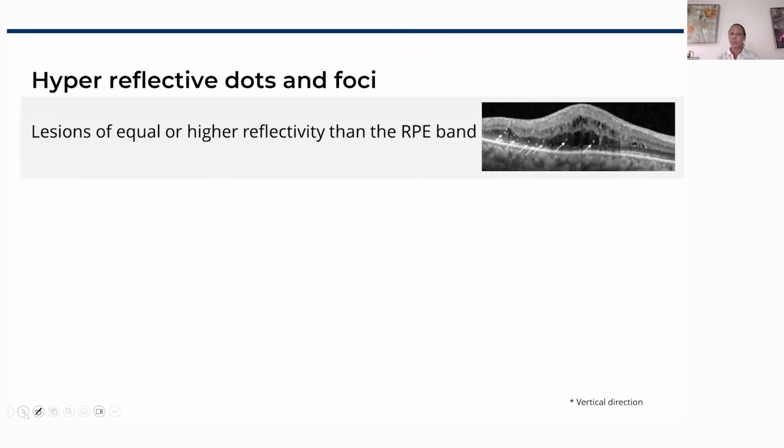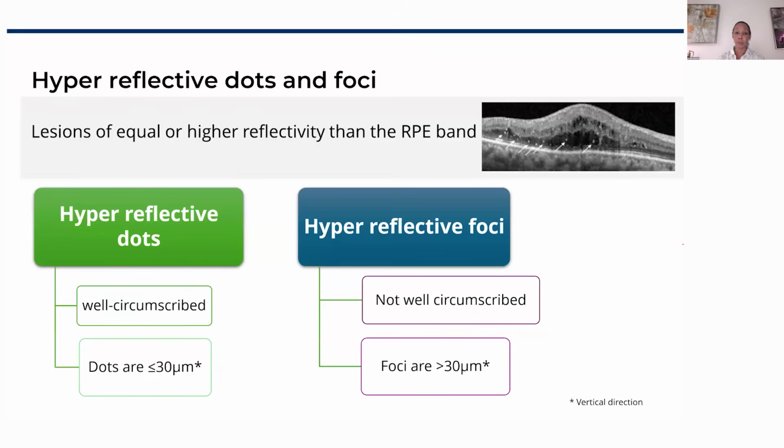Now let's talk about hyperreflective dots and foci. These are little dots or lesions that have equal or higher reflectivity than the RPE band. The RPE band is one of the hyperreflective lines that you see in the outer retina. The arrows are pointing to the dots called hyperreflective foci.